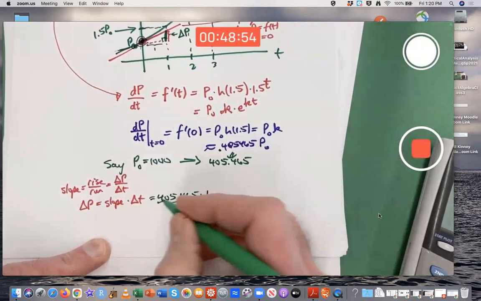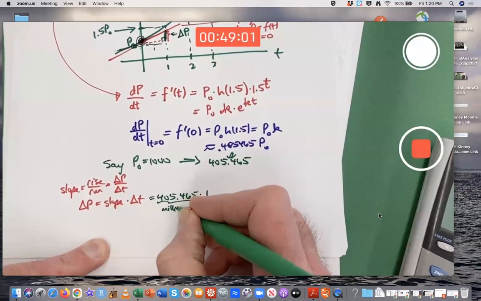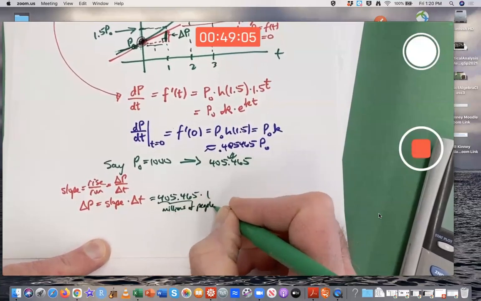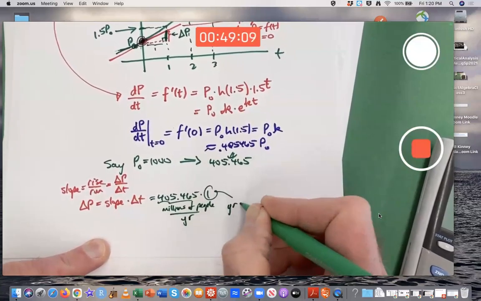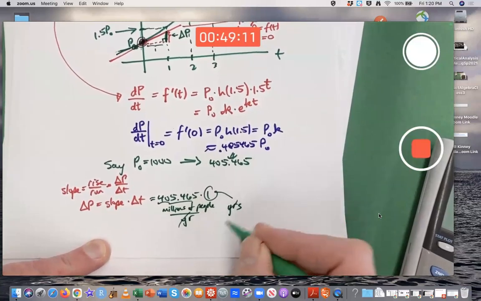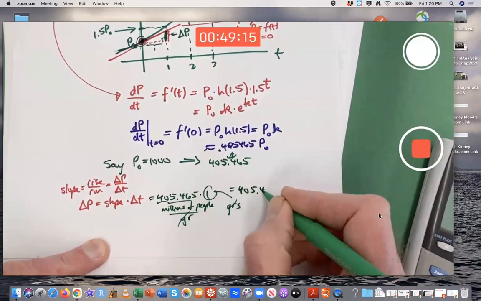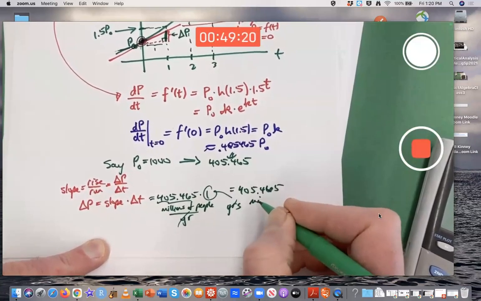If this is a population in, say, millions of people, this would be millions of people per year, and this thing would be in years, and the years would cancel. You'd still get the same number, but it would have different units: 405.465 million people. Oh, well, that's a lot of million. That's a lot of people.